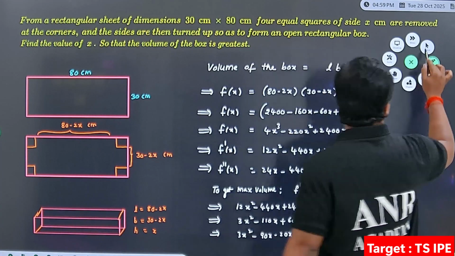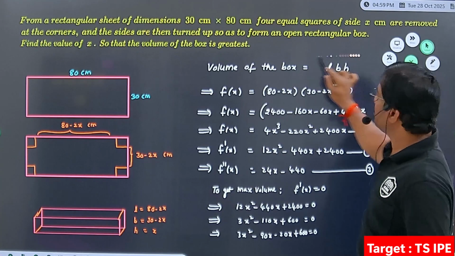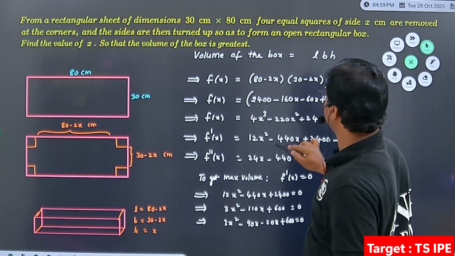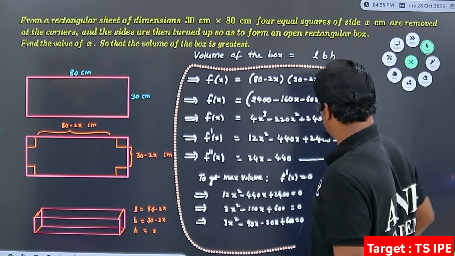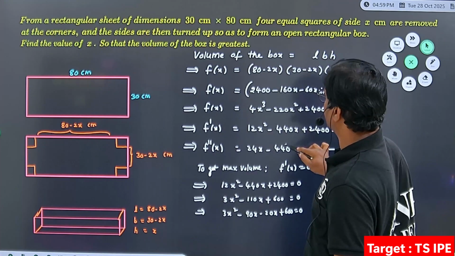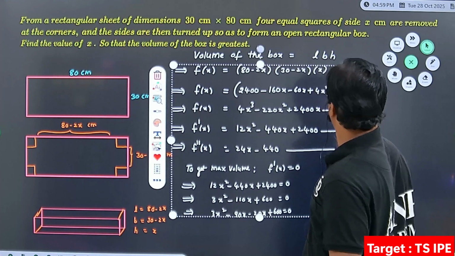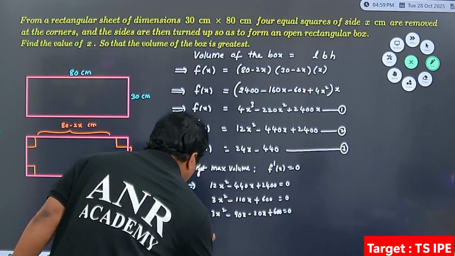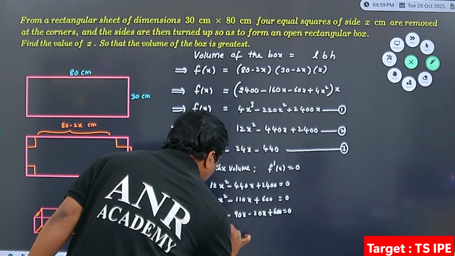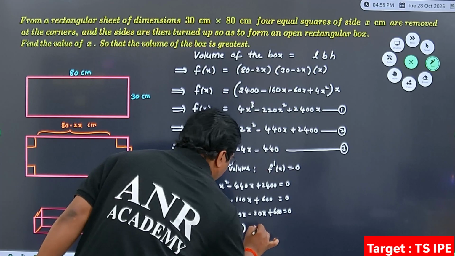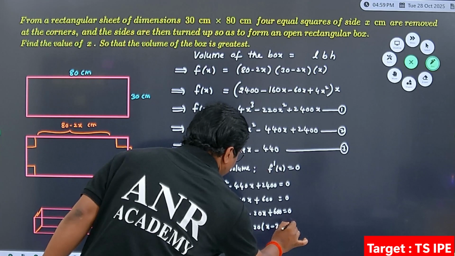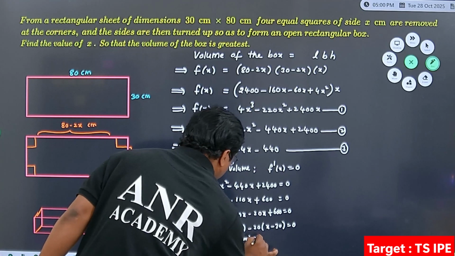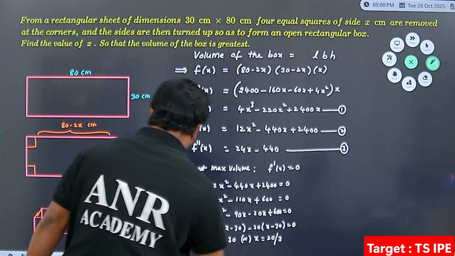Yes, I am going to factorize this. Yes, in the next step we get, if suppose 3x common, we get x minus 30 and minus 20 common, x minus 30 equals 0. Implies either x equal to 30 or x equal to 20 divided by 3.